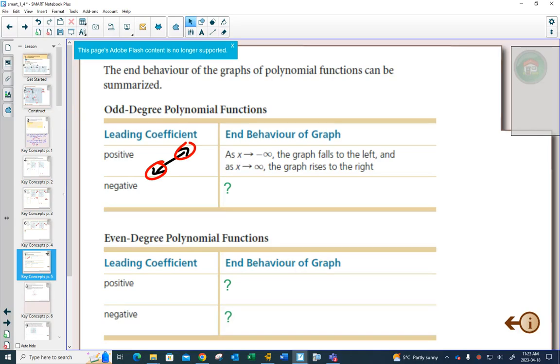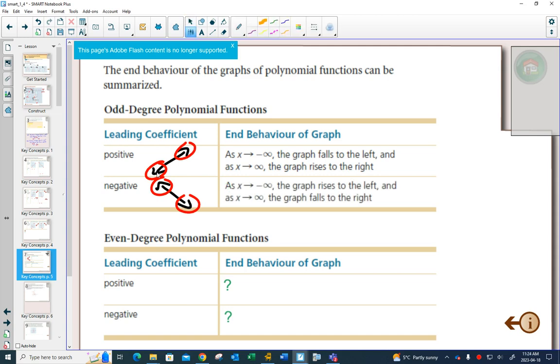If you had to memorize that, you'd be like, oh, this is a much quicker definition for you. And you can see it, it's a picture, boom, you know where your arrowheads need to be right away. Same thing, if it's negative, this is way easier to remember the end behavior than this.